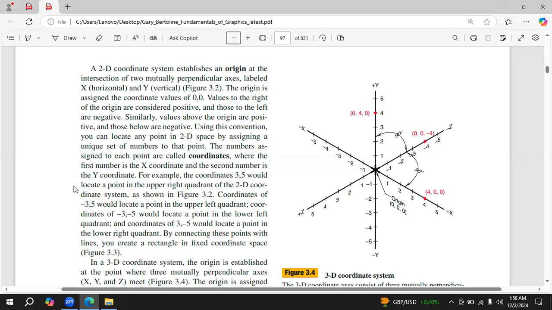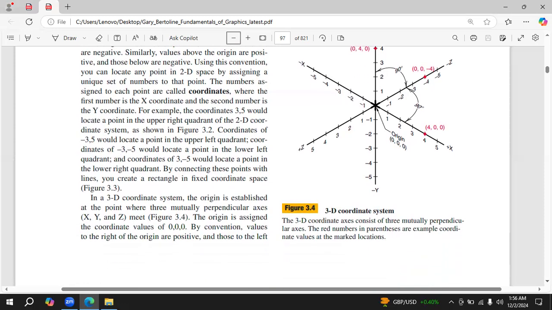If you do not have an x and y plane, and rather you have, let's say, an x and z plane, the first number will always denote the x coordinate, whereas the second will denote the z coordinate. So, this is all about the 2D coordinate system.